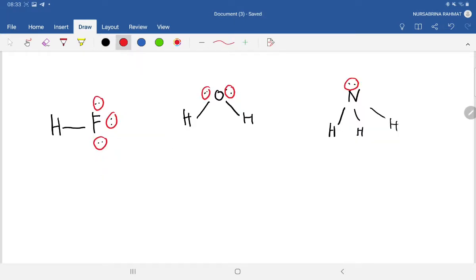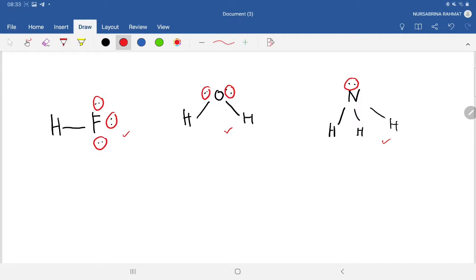The reason why hydrogen bonds only exist between hydrogen and fluorine, oxygen or nitrogen is because of the presence of lone pairs on the fluorine atom, the oxygen atom and the nitrogen. So this hydrogen must be directly bonded.